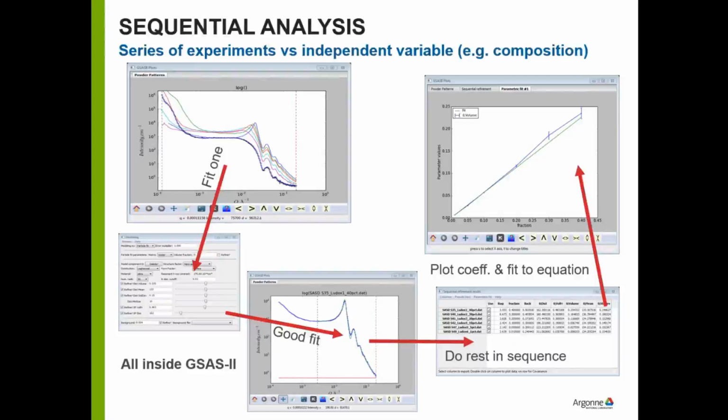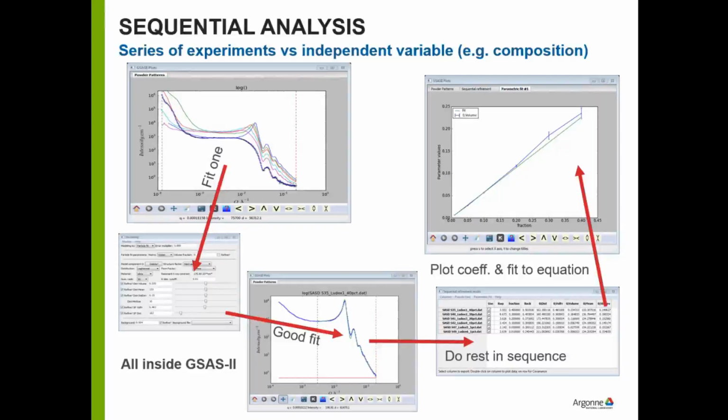And these kinds of parameters are fine. If you've got a lot of these, you can use sequential analysis, which is a main feature of GSAS-II, to fit one of them, get a reasonably good fit here, then say, okay, do all the rest of these in sequence. Basically, what you do is you take the parameters that you got here, copy them to the next one, do the fit, then copy those new ones to the next one, do a fit.